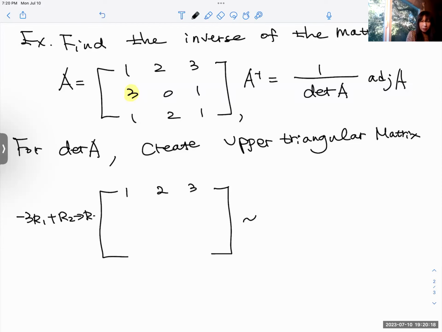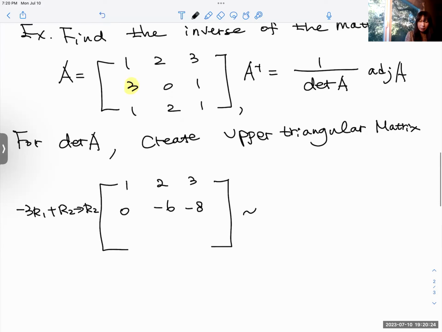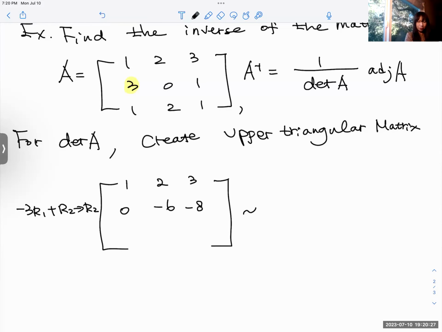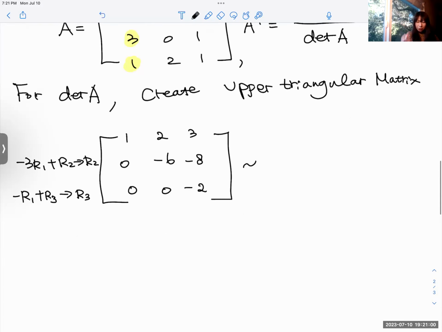Good job. All right, so we get 0, -6, -8. Okay, how about making a 0 here? Just subtract row 1 from it. Okay, good job. So we get 0, 0, -2. Very good, thank you.